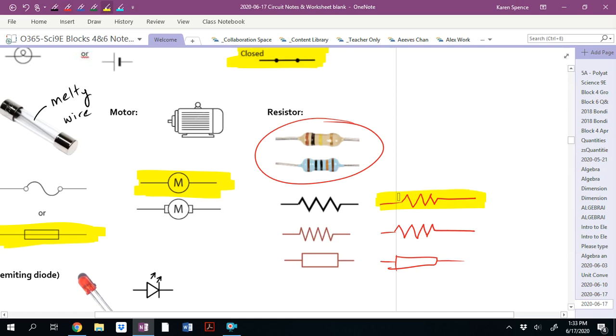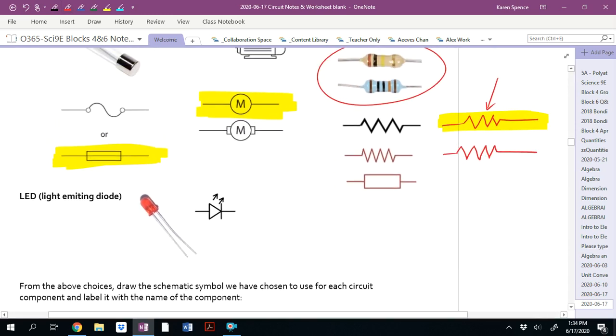If you were in Europe, you could use the rectangle-y one. But we just don't in North America. This one is the one we use. And I like this one because it looks like a series of speed bumps. And if you think about a circuit like traffic, like a traffic circle, and if you've got speed bumps on that circle, that's going to slow the flow of traffic, and that resistor is going to slow the flow of electrons.